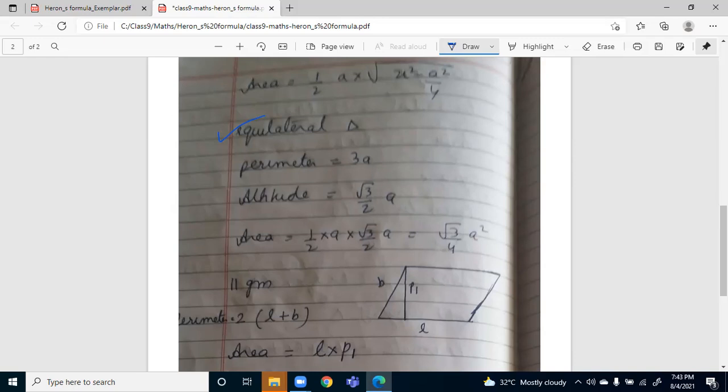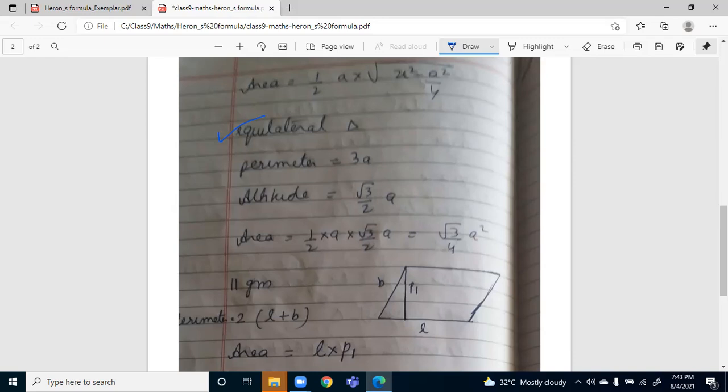So can we move to the parallelogram? These are the formulas. Have you written?